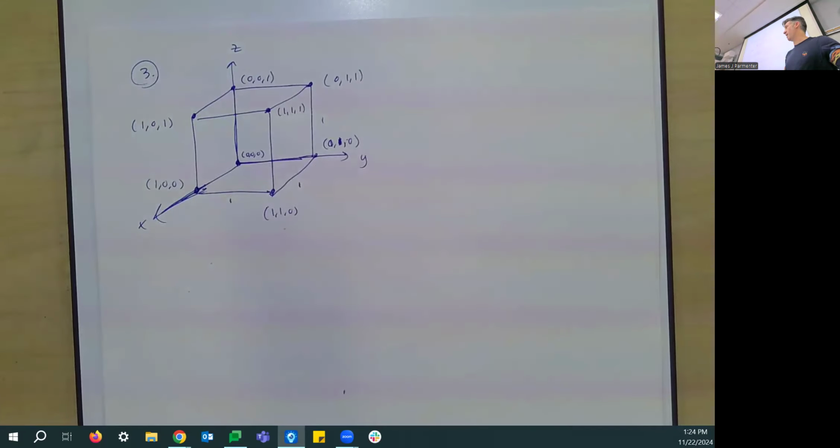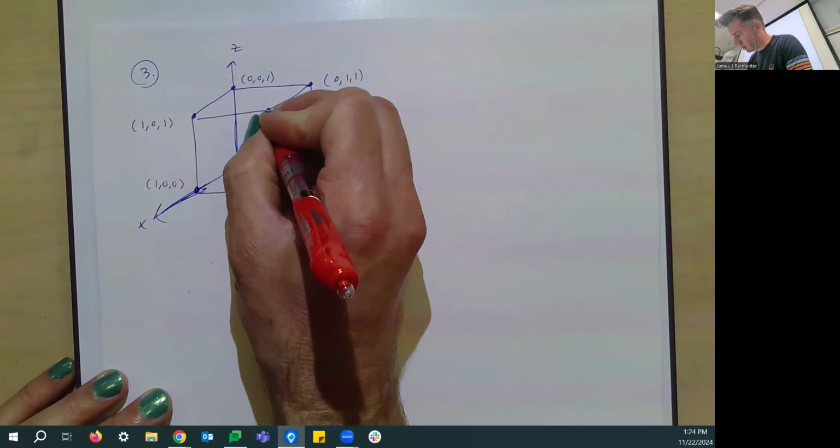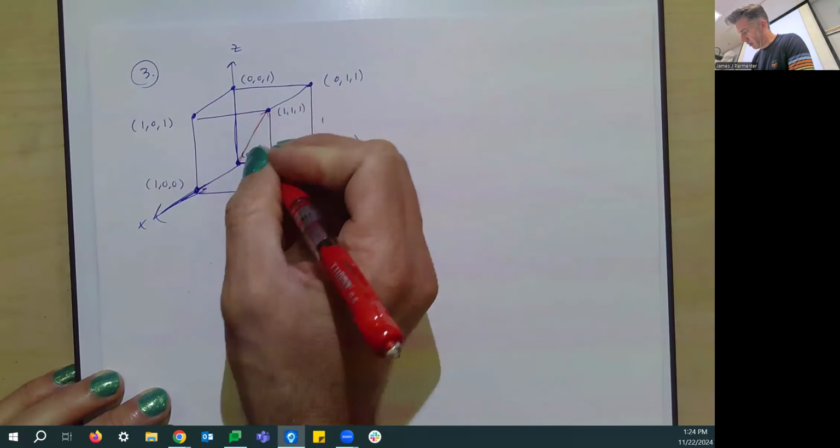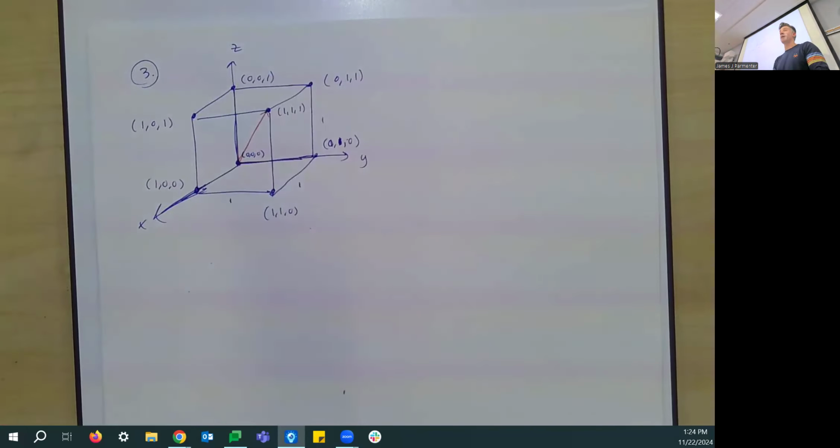So the first question asks us to find the angle between the diagonal of the cube and one of the edges of the cube. Doesn't matter which one you pick. If you're trying to find the angle between this diagonal and either this edge or that edge, they'll all be the same, which is nice. There's a lot of symmetry here.